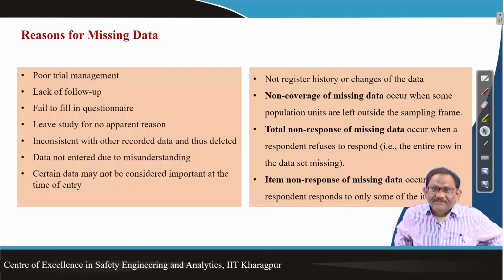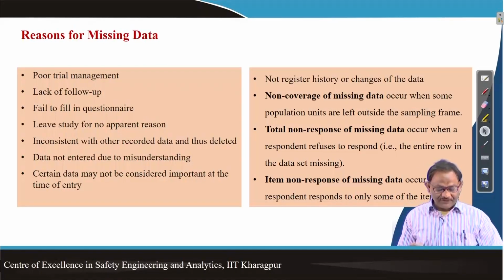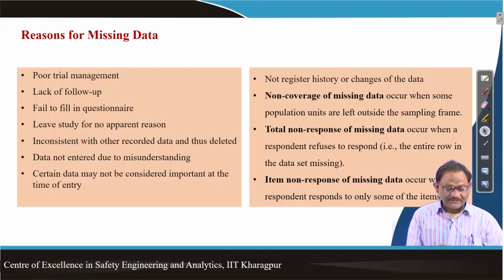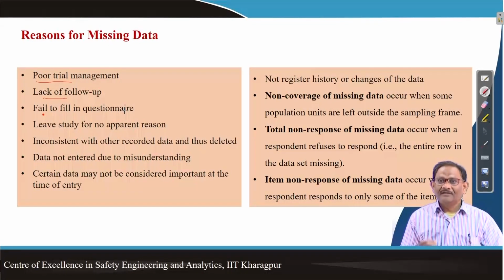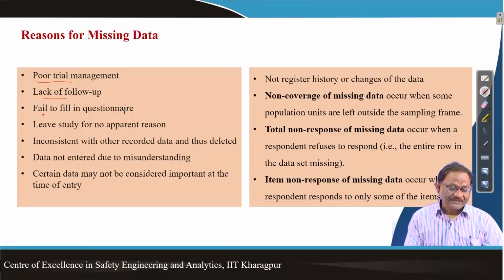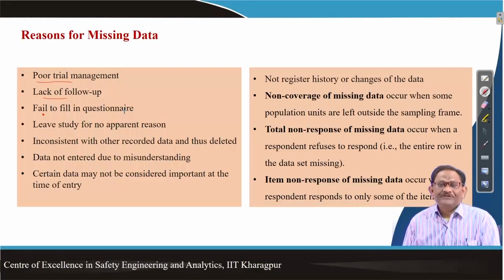Now, what are the different reasons? From different sources, we have jotted down the reasons. The first reason is poor trial management and lack of follow-up, followed by failure to fill in the questionnaire. Because of the way you collect data, if it is real observation data, you may fail to fill in certain data in the Excel sheet, or when you give a questionnaire to people to respond, some questions might not have been answered.